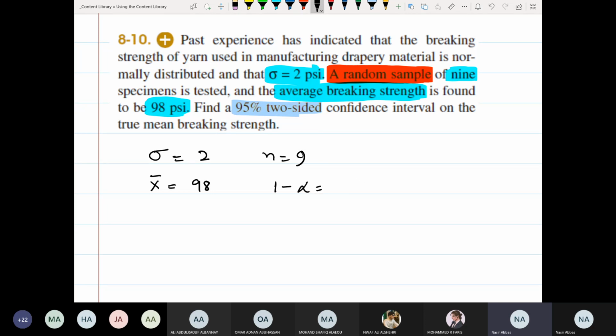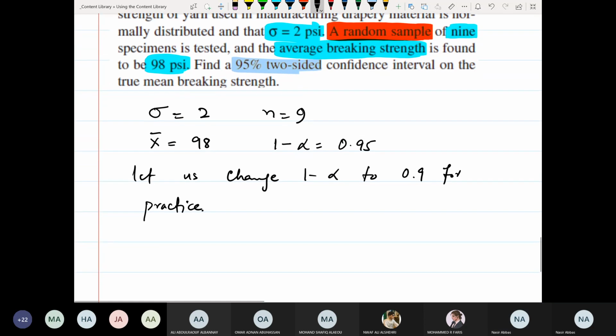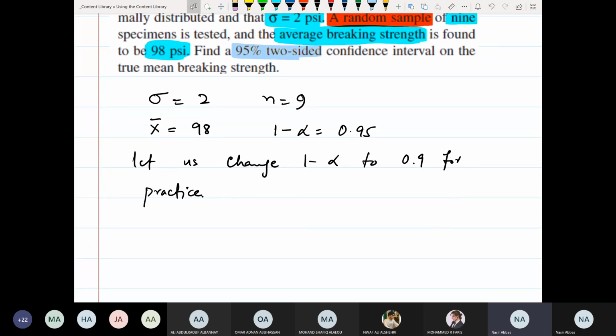Let's say we construct 90%. We have already practiced for 0.95. Let us practice for 0.9.